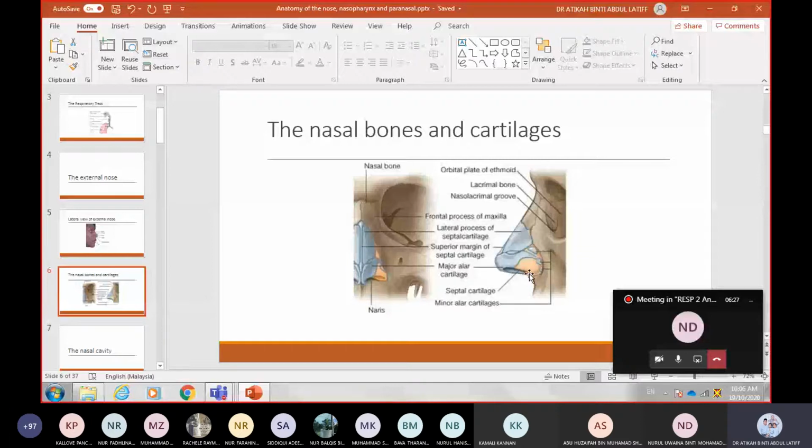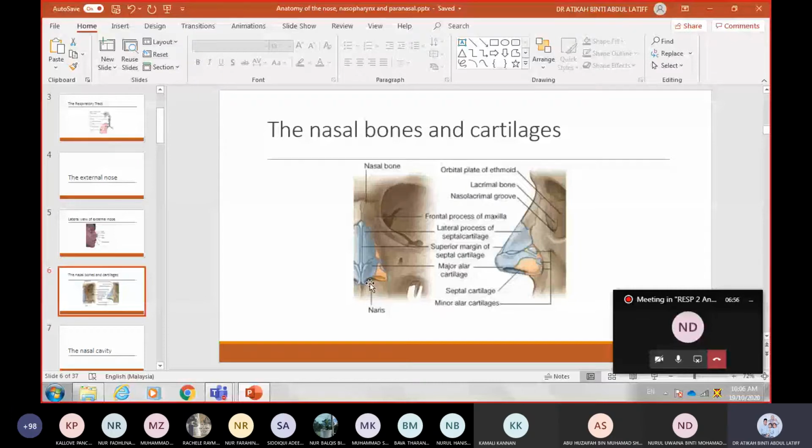Okay, so you have here the septal cartilage, lateral process of septal cartilage. In the middle, you have the septal cartilage, separating your right and left nasal cavities, and this is your ala cartilage at the side, and you have major and minor ala cartilage, which makes the side of your nose. Okay, and the nares is just the hole of the nose.